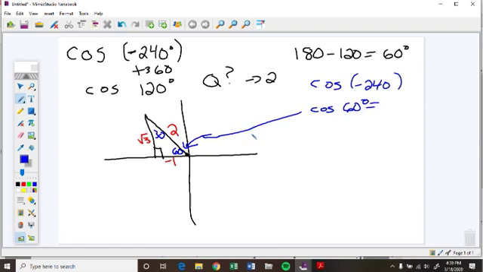The cosine of 60 is adjacent over hypotenuse. So this is negative 1/2. So I know that the cosine of negative 240 degrees is negative 1/2.